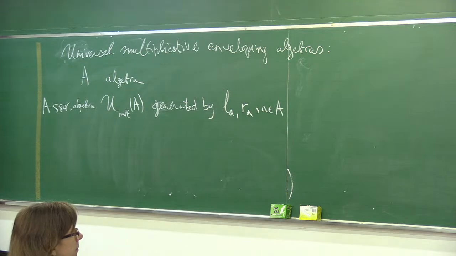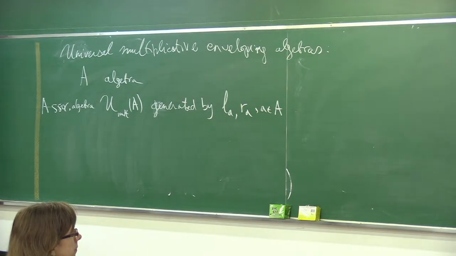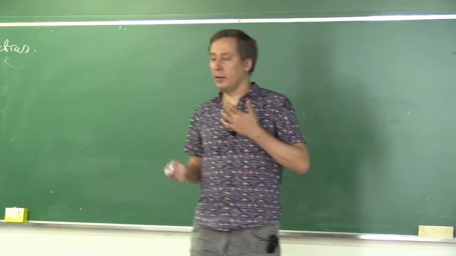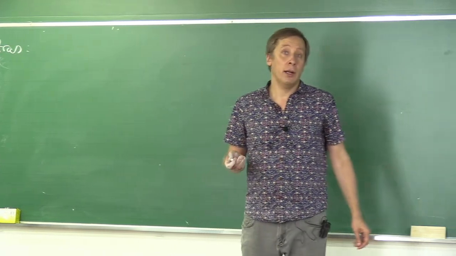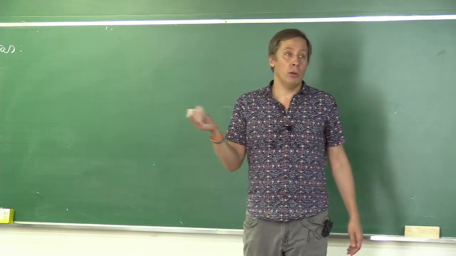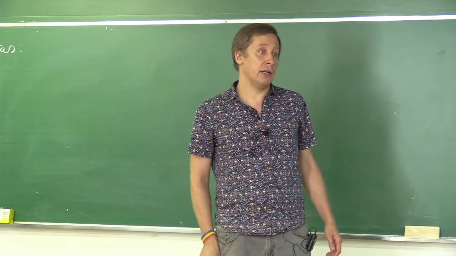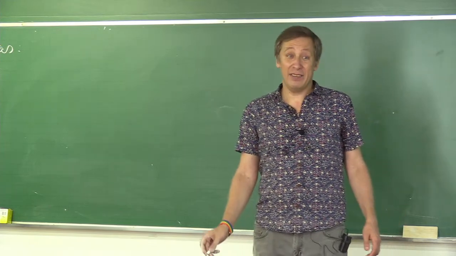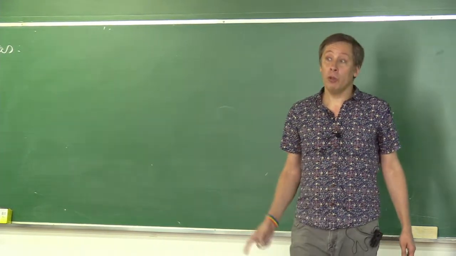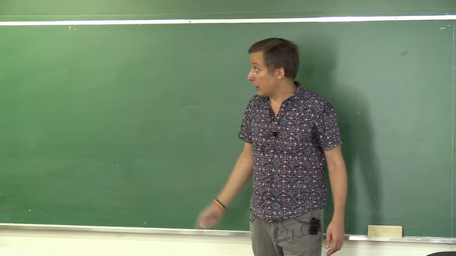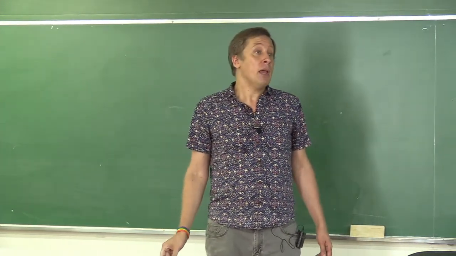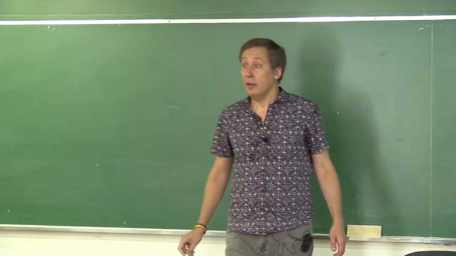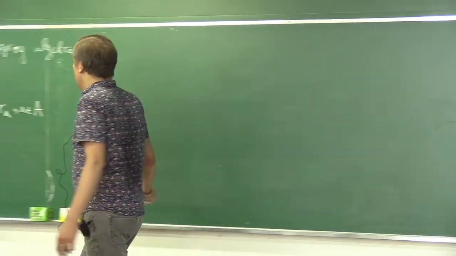So not just A, for example, acting on itself, A acting somewhere. So somehow there is a notion of a bimodule over an algebra in the context of varieties of algebras. And this definition of the universal multiplicative envelope is given in such a way that left modules over U multiplicative of A are the same as bimodules over A in the classical context of the ring theory.